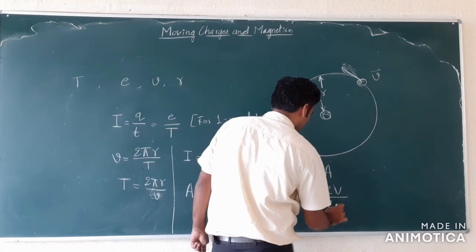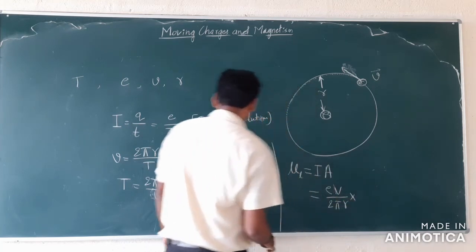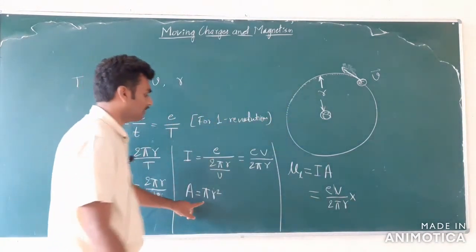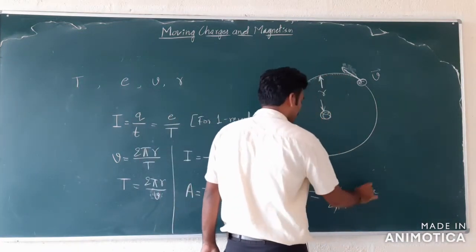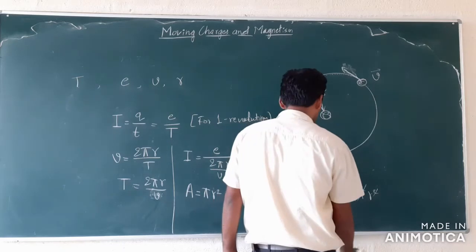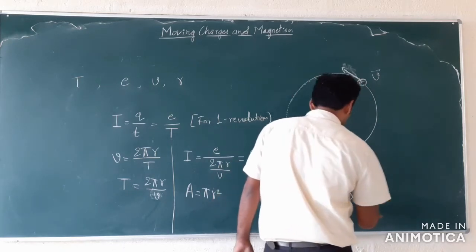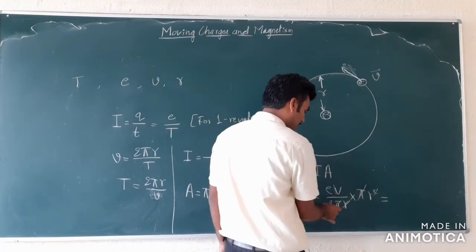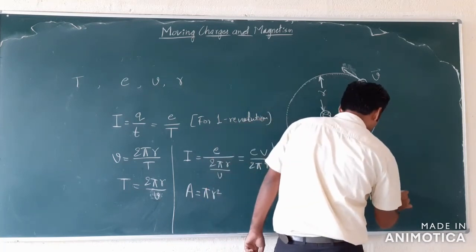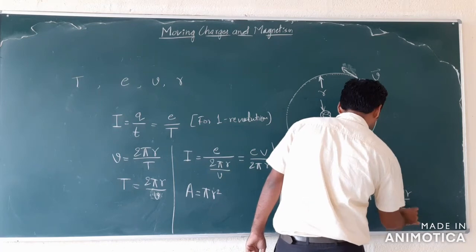eV by 2 pi r into the area, which is pi r squared. Pi and pi cancel, one of the r gets cancelled, so we are left with e v r by 2.